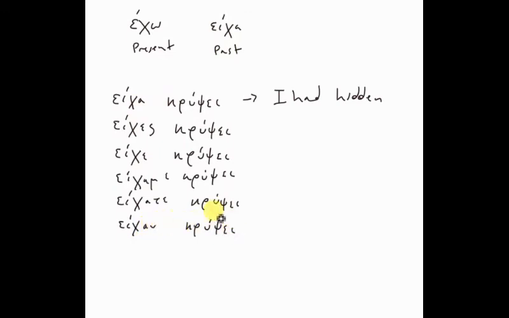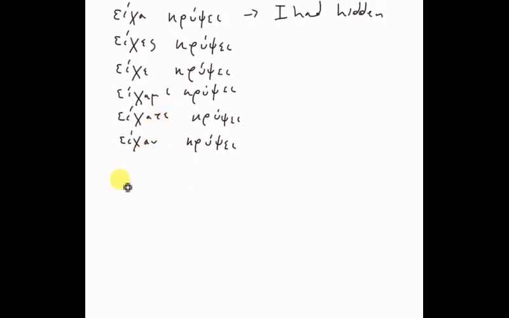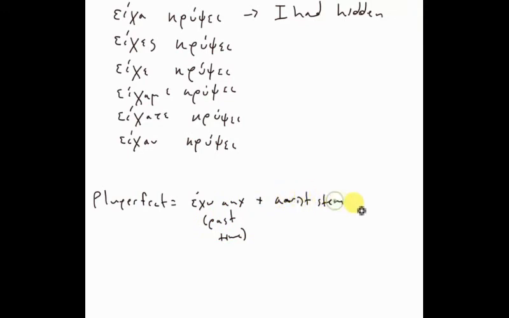And then the rest is the same as the perfect. So to wrap this up in a formula, the pluperfect is equal to echo, auxiliary in the past time, plus aorist stem of main verb plus epsilon iota.